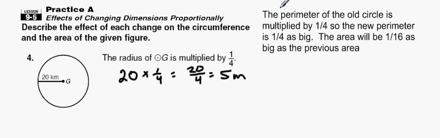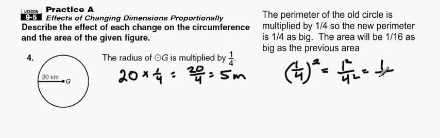And the reason for that is when I take 1/4, when I'm looking at an area, it's 2 dimensions, so I square that factor. So this becomes 1 squared over 4 squared, which is 1/16. So my area will be 1/16 the size of the previous area.